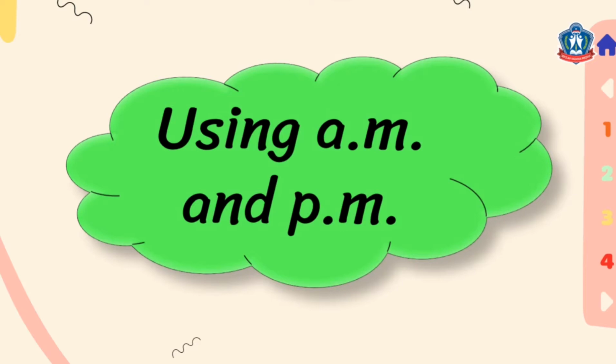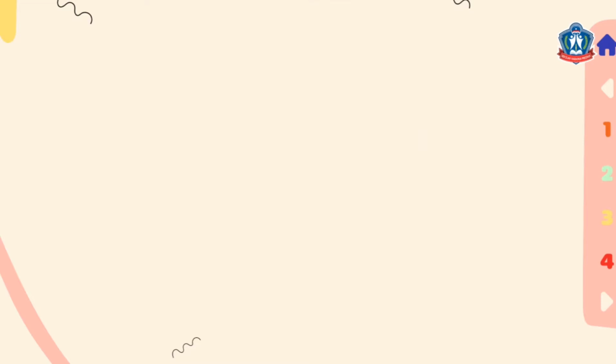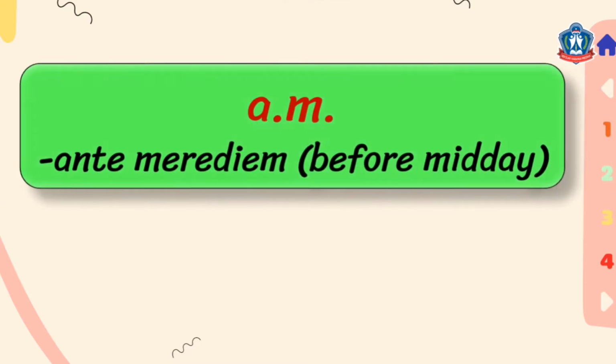But what do AM and PM stand for? AM comes from a Latin word, ante-meridium. In English, it means before midday or before noontime.